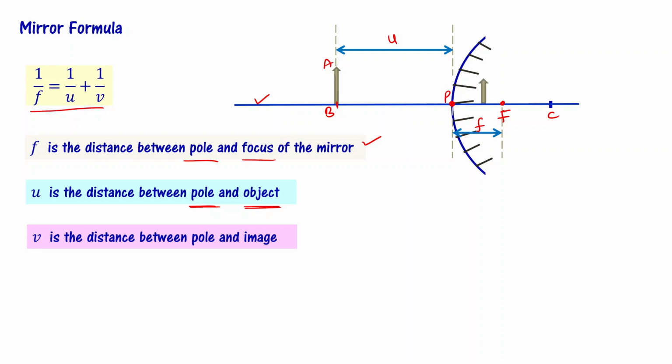The image is located here, behind the mirror. That's why we say that a convex mirror always gives virtual images. Now the distance between the pole and the image is v. You see, there is a difference between the concave mirror and the convex mirror, right?